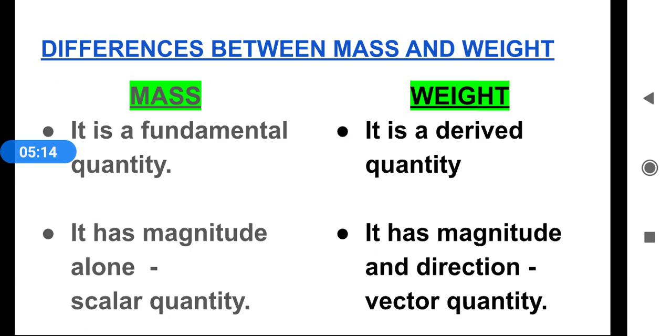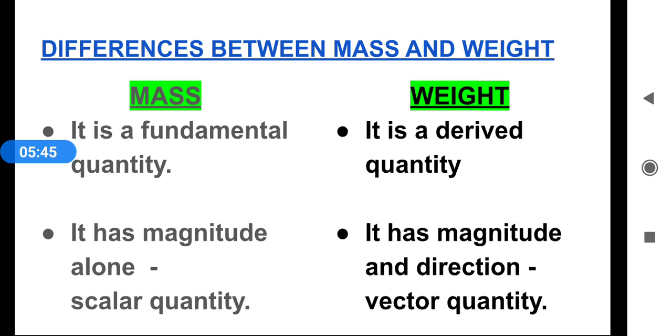Now we are going to see about the difference between mass and weight. Mass is the quantity of matter contained in a body. Weight is the normal force exerted by the surface on the body to balance against gravitational pull on the object. So mass is the fundamental quantity.